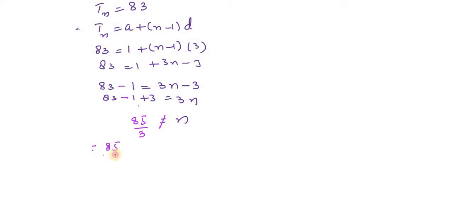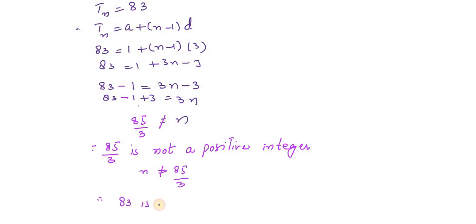Since 85 upon 3 is not a positive integer, n is not equal to 85 upon 3. 83 is not a term, is not the value of any term.